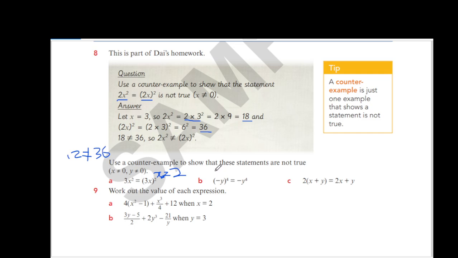In expression B, we assume y is equal to, suppose, 2. Minus 2 raised to power 4 will be 2 to the 4, 4 to the 8, and 8 to the 16.